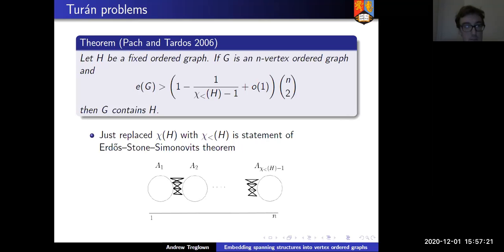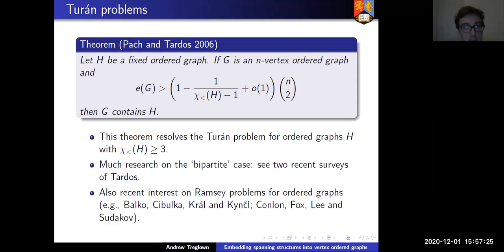Okay, so that's nice. We've got an analog of Erdős–Stone for ordered graphs. And okay, in general, this resolves the Turán problem for ordered graphs H where the interval chromatic number is at least 3. So like in the unordered setting, the bipartite case is the interesting one. So in this case, the error term in the Pach–Tardos theorem dominates.